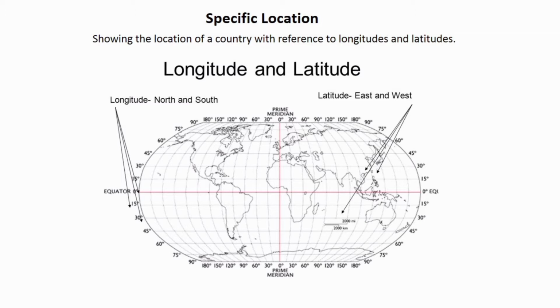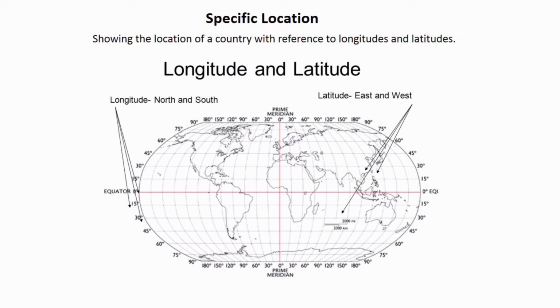Okay, now let's look at what is specific location. Showing the location of a country with reference to longitudes and latitudes is called as specific location. You know about longitudes and latitudes. Longitudes are the imaginary lines which are drawn from north to south on the model of globe.